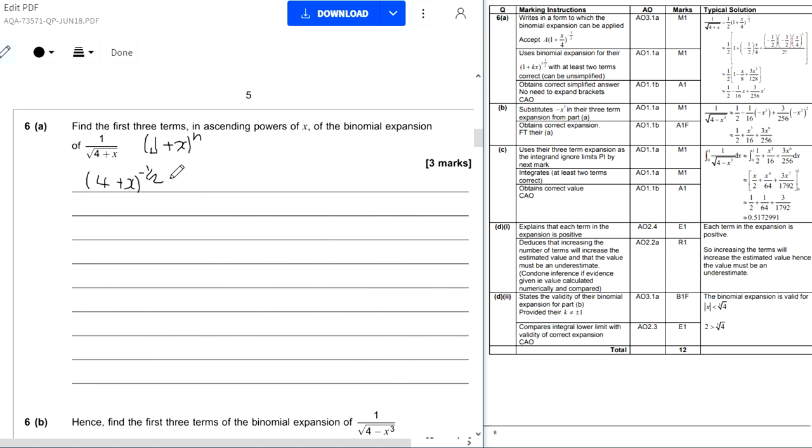But you need to have the same power. So if I times this by 1 over 4 to the minus a half, since I've got the same power, I can just use this within here. And so I'm just going to get 1 plus x over 4 to the minus a half.